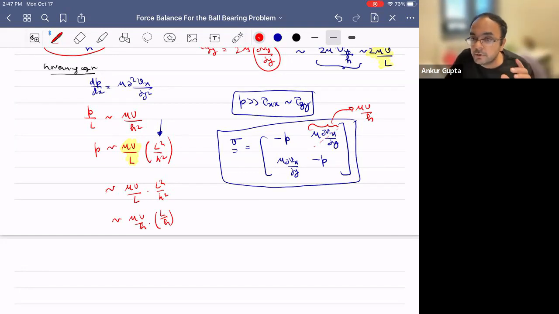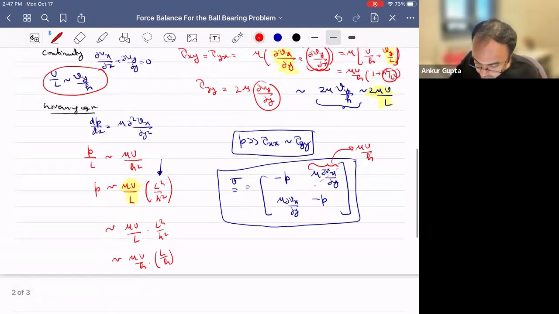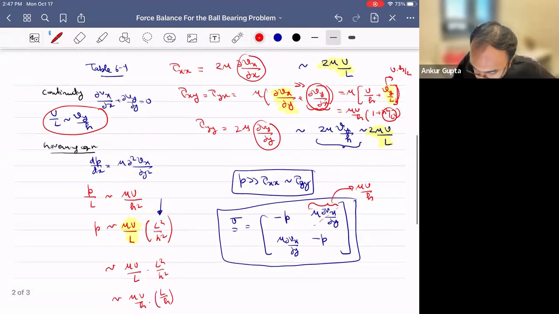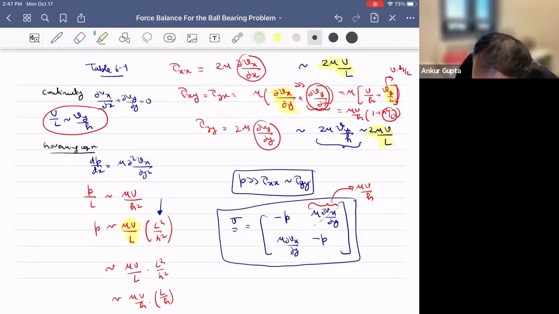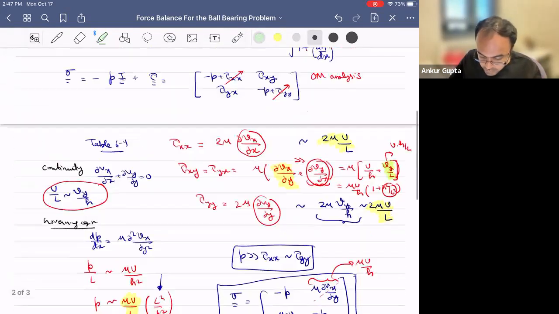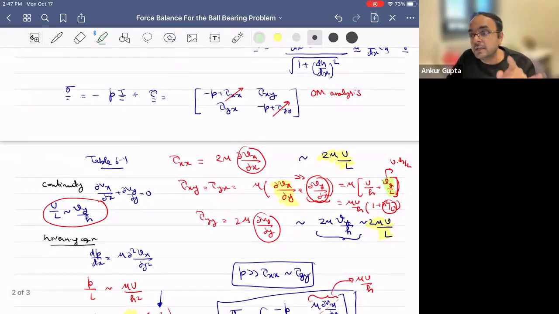Please don't make this mistake, because remember, you cannot just ignore something which is not added to something else. Whenever I've ignored something, note that I've ignored it when this term was much smaller. So this blue term here, Vy by L, is much smaller than U by H. That's why I ignored the del Vy by del X term. Similarly, I ignored the tau XX and tau YY when it was next to P. So please don't just ignore any term.